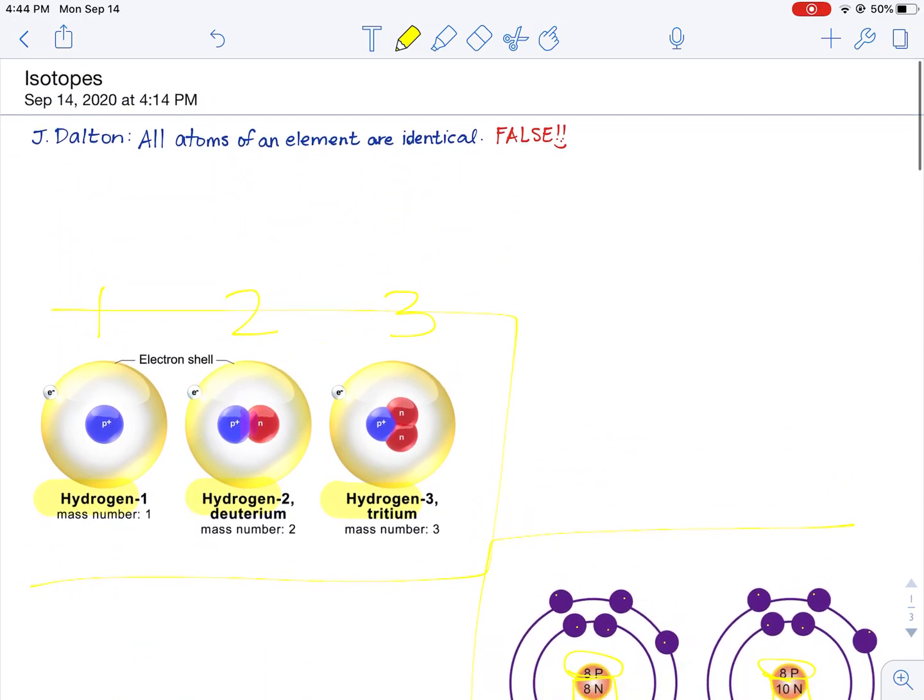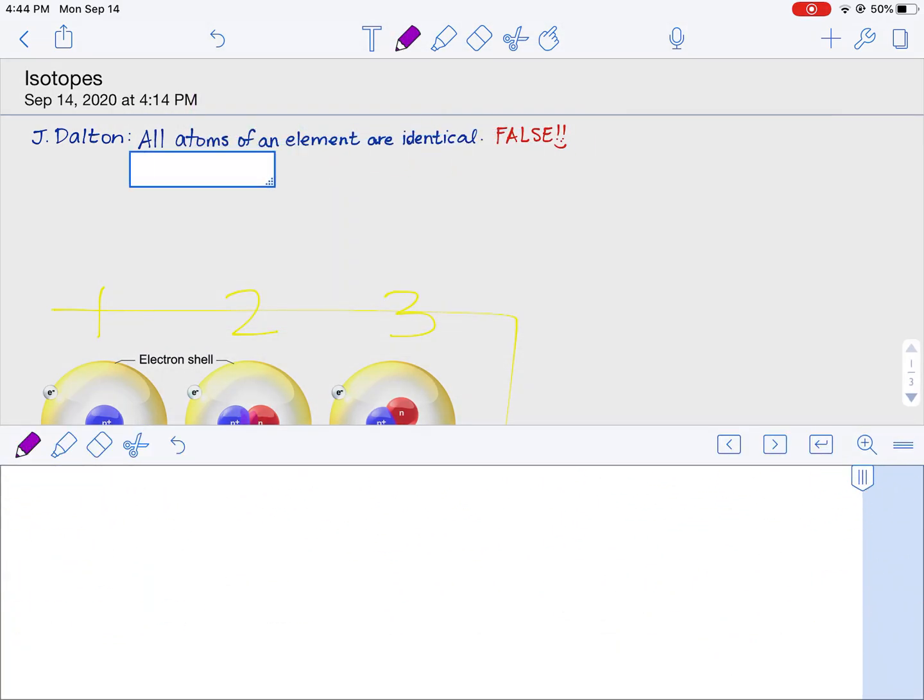Let's jot down the definition of an isotope. So John Dalton's theory is false because of the existence of isotopes.